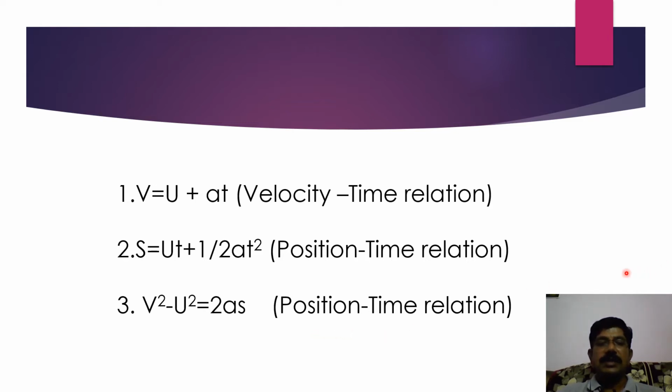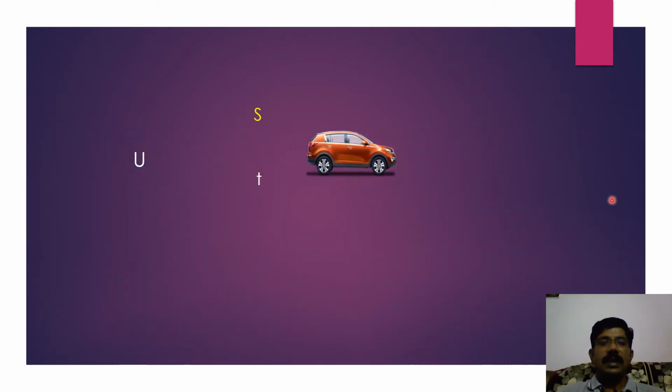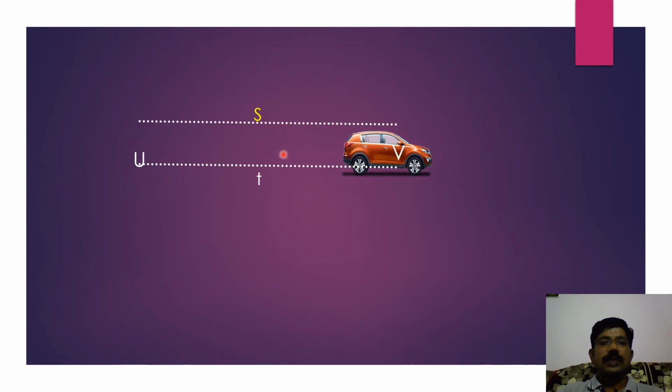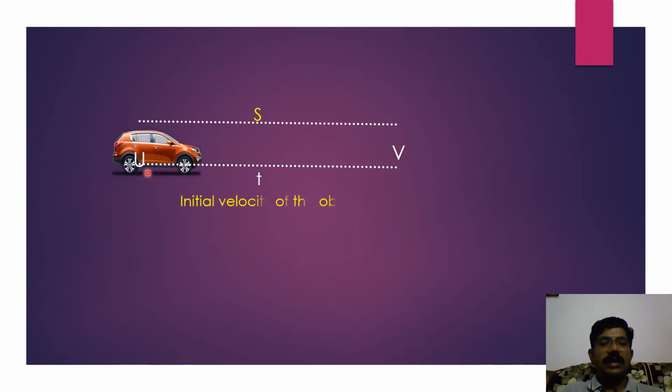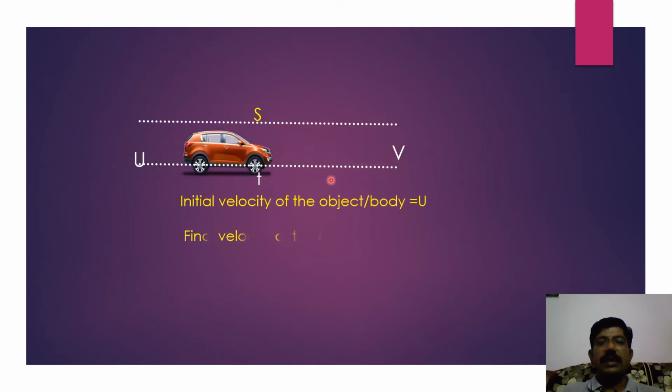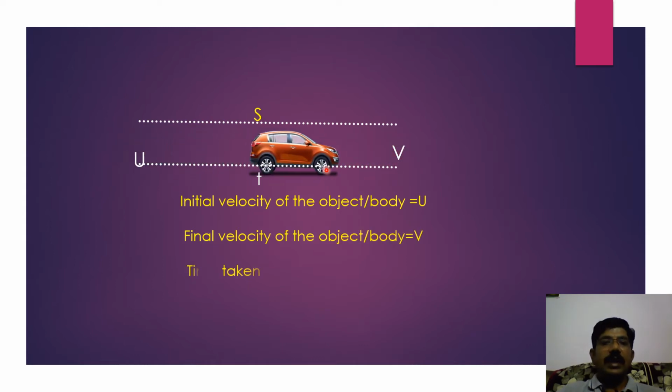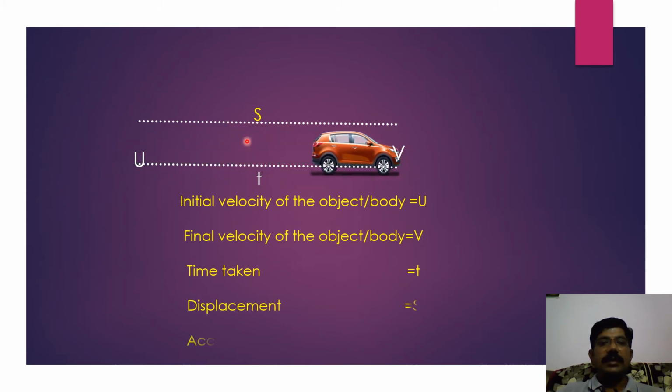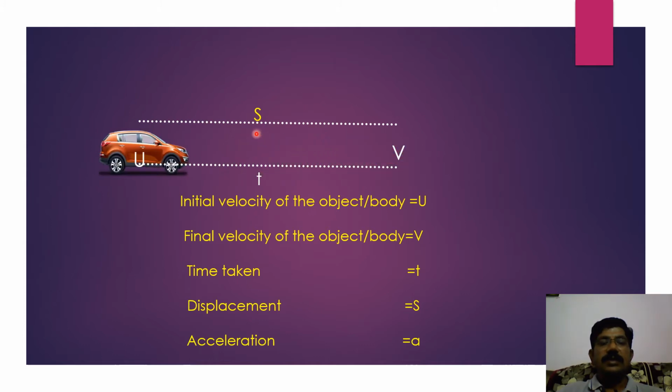Let us discuss one by one in detail. Let us assume a car is moving with an initial velocity u, and after some time interval t, it attained a velocity of v. During that period, the displacement is s. So within the time interval t seconds, the car displaced by s meters.